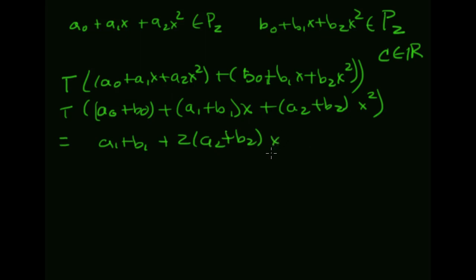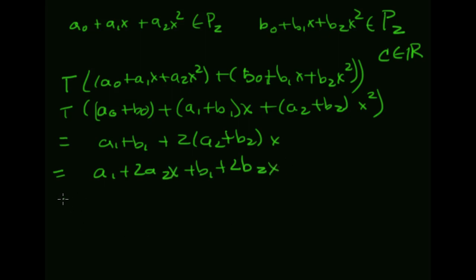If you're thinking about this, this is basically taking the derivative of a second degree polynomial. If I move things around a little bit, I'm going to get a1 plus 2a2 x plus b1 plus 2b2 x.